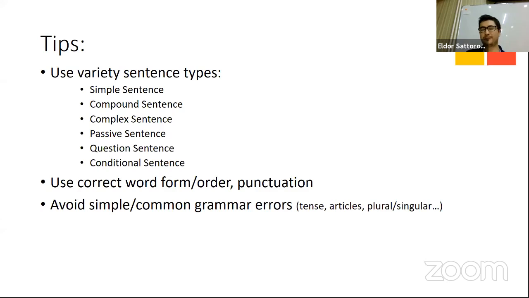And it's very important, you really have to avoid simple common grammar mistakes: tenses, articles, and singular and plural forms. This really shows your level. If you're making mistakes at an elementary, basic level, then obviously the examiner cannot put a high mark on your grammar part, because you simply don't deserve it.